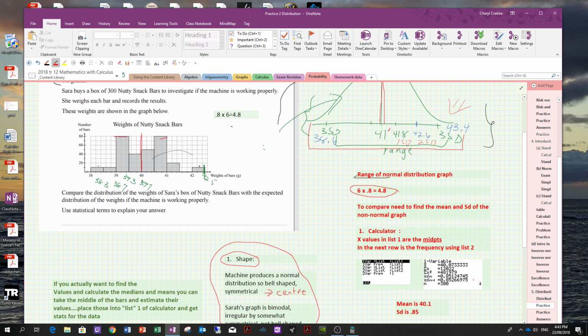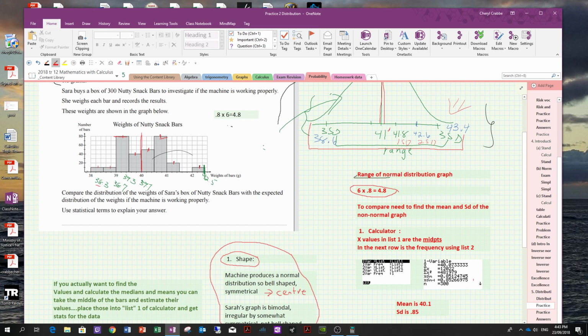So what we do is we take a midpoint in each one of these columns, bars, if you will. We take the midpoints, approximate them as best you can. So in this particular case, this looks to be about 38.3, and then the next one, 2, 4, 6, looks to be about 38.7, and the next one, 39.3, and so on.